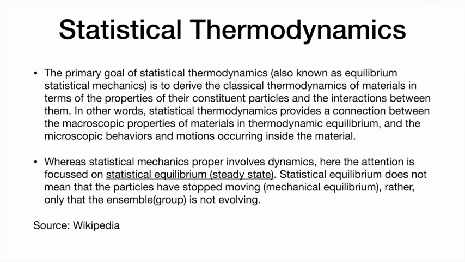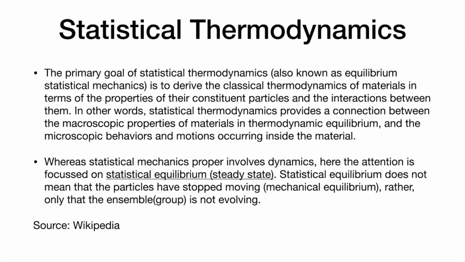Whereas statistical mechanics involves the dynamics, here the attention is focused on statistical equilibrium. Statistical thermodynamics can also be called probability thermodynamics, since it has more to do with probability, but the most commonly used terms are statistical thermodynamics and statistical mechanics.